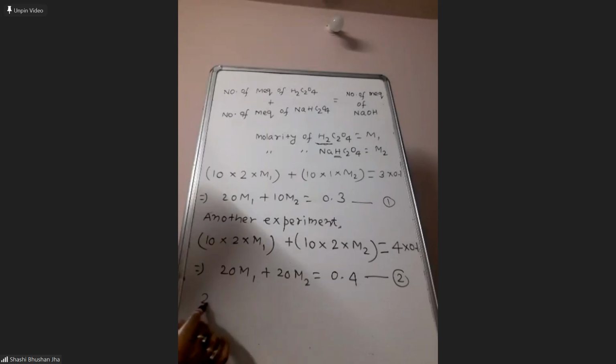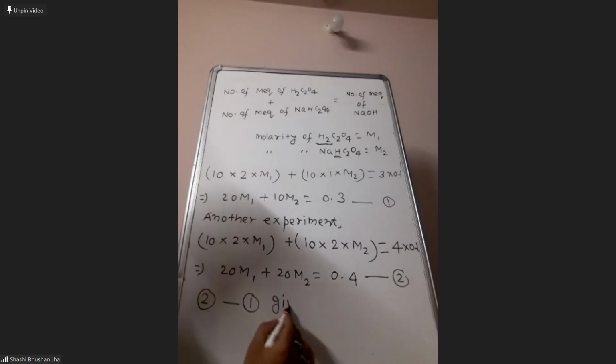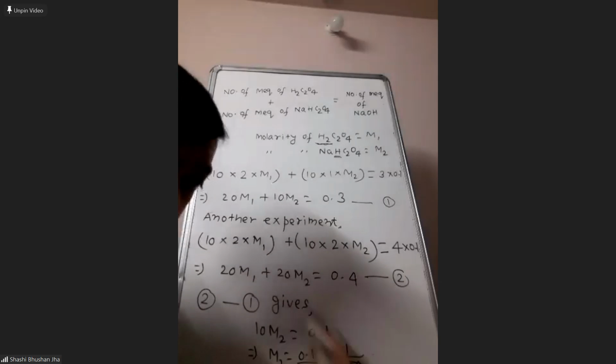Now, if you subtract equation 1 from 2, then you will get 10 M2 equal to 0.1. So M2 will be equal to 0.1 by 10, or 1 by 100.